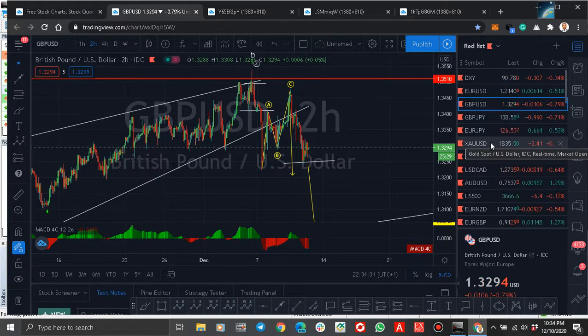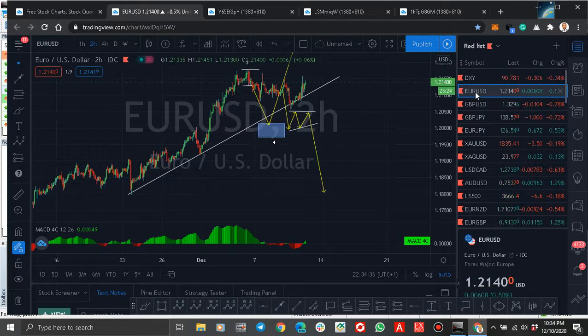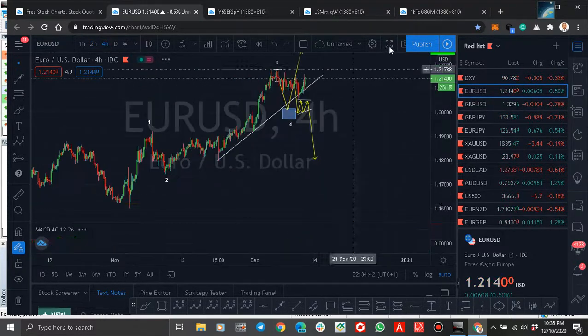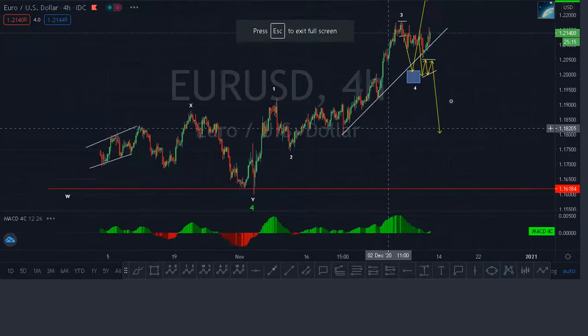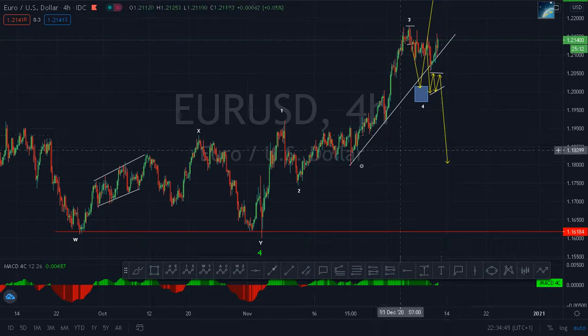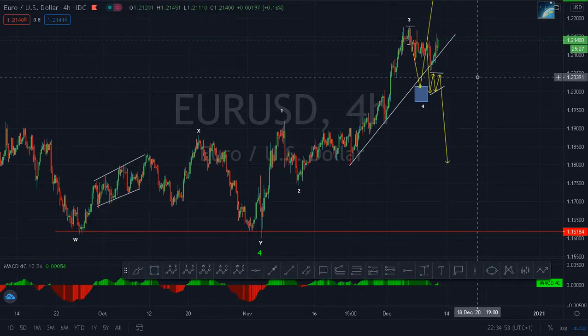Or do I go to EUR USD? Okay, let me go there. On EUR USD, I'm trying to get a break of this trend line, a correction, and sell.